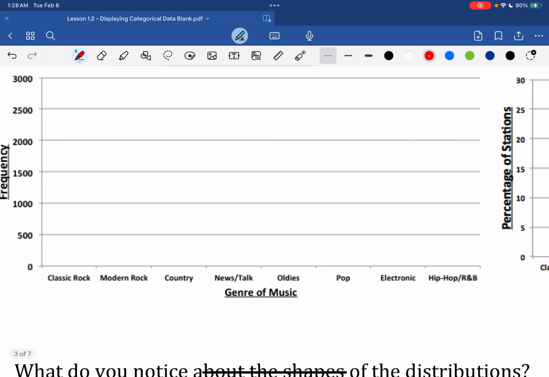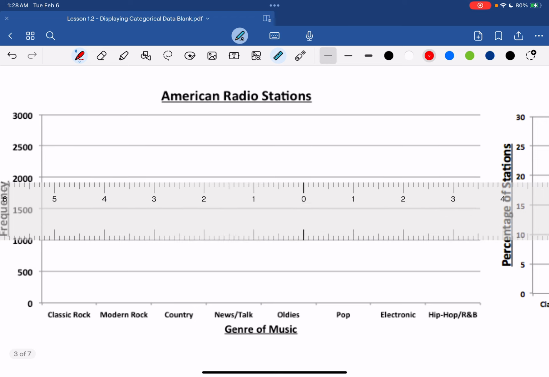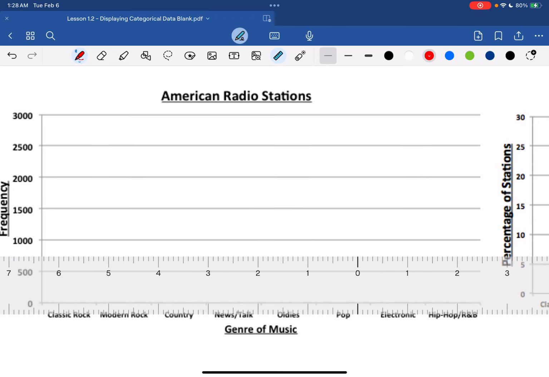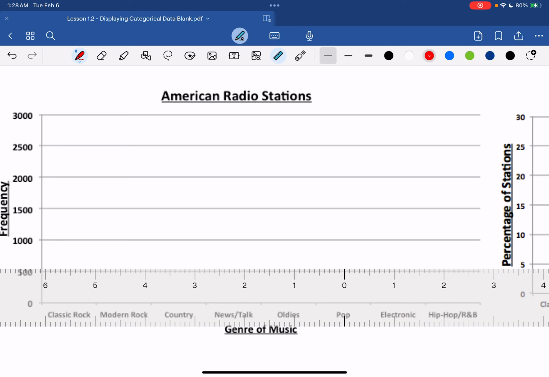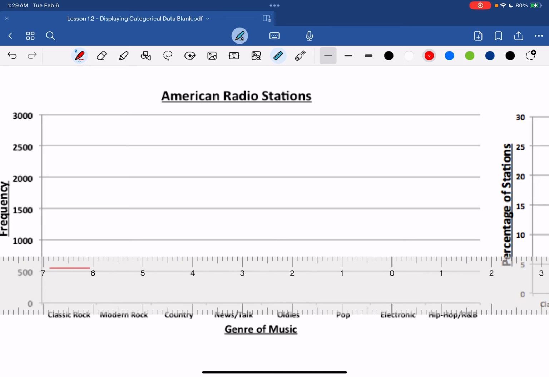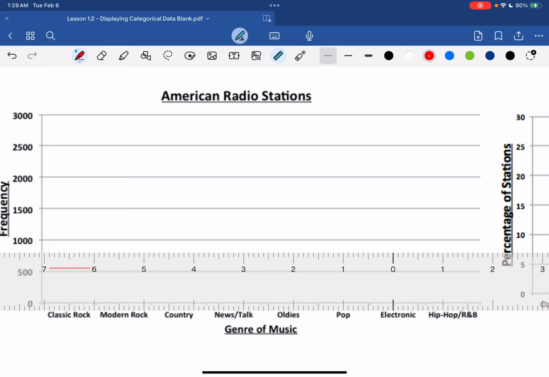So we'll pull out our rulers. We'll show a couple things on classic rock here. I'm going to go 556, remembering to make sure I leave a little space between each of my bars. My next one is 869. 869 for modern rock is probably going to be maybe a little bit higher than that.